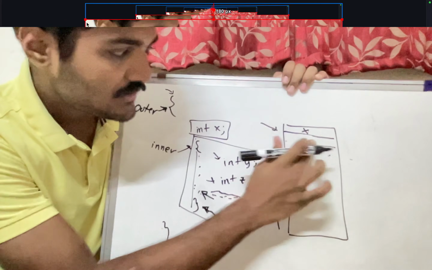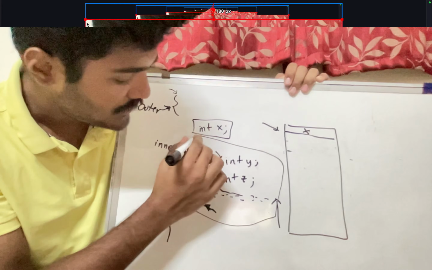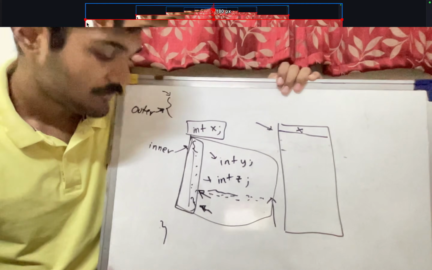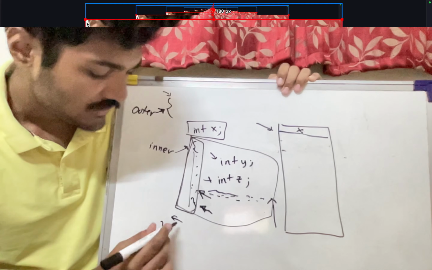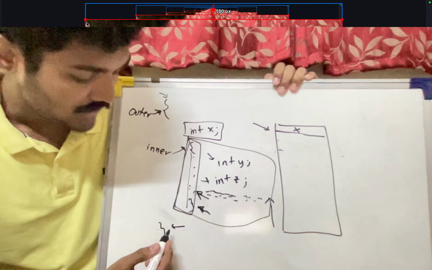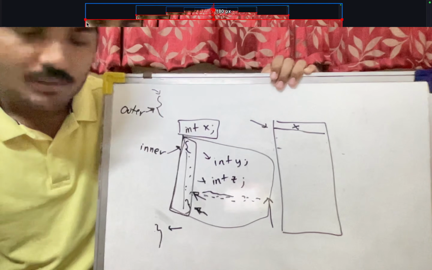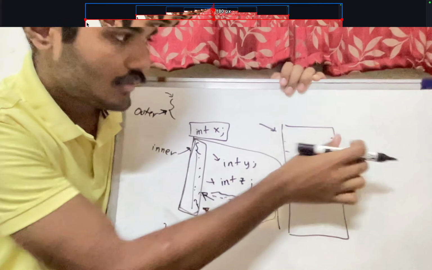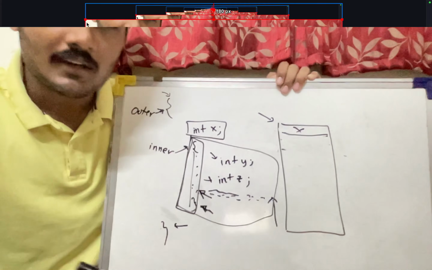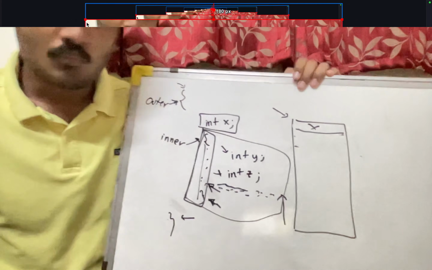Variables declared inside a block have a scope only limited to this block. After we reach this point of the code, int x also needs to be destroyed, and this is how it happens: x is not erased, the pointer will just move, x will stay there and it will be overwritten by the next thing. But okay, this is what happens.